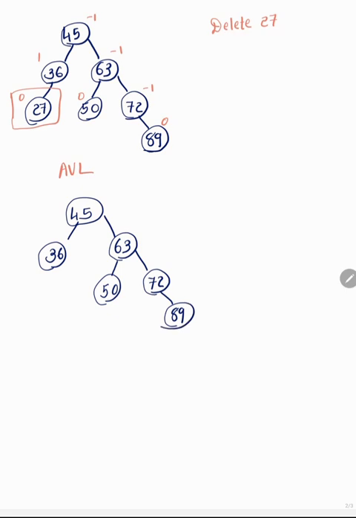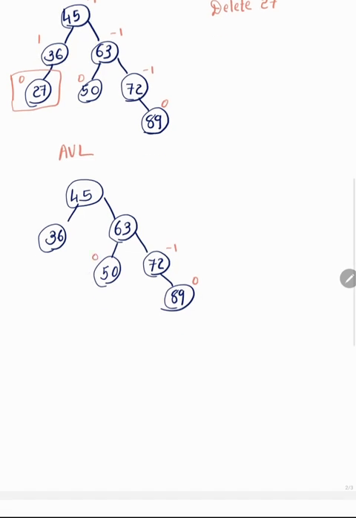Now if I check the balance factor, for 89 it's 0, for 72 it's -1, for 50 it's 0, for 63 it's -1, for 36 it's 0, for 45 it's -2. So now it's not my AVL tree, right? Because the node gets imbalanced. So here the imbalanced node is 45. So 45 is my critical node, right?